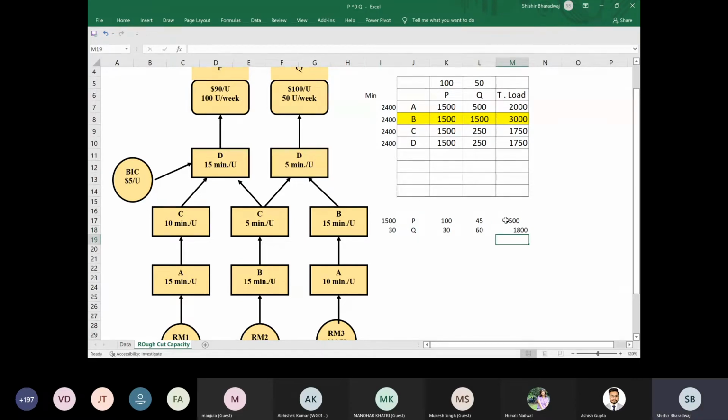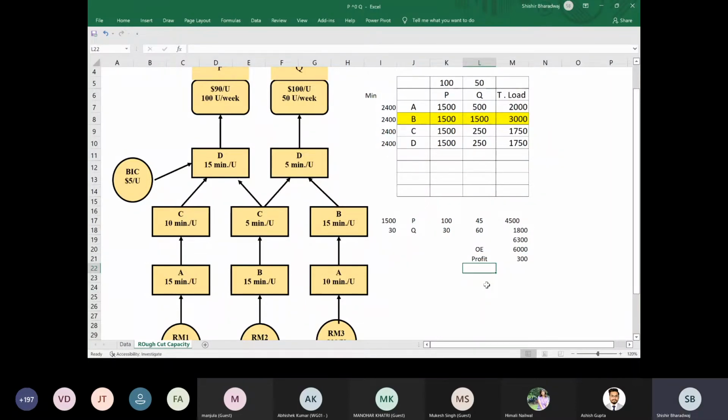If I sum it up, 6300. My total operating expense is 6000. It's all there in the example. So I have a profit of 300. Is that clear? I'll write it here, profit. I'm making a profit of 300 with the same resources.